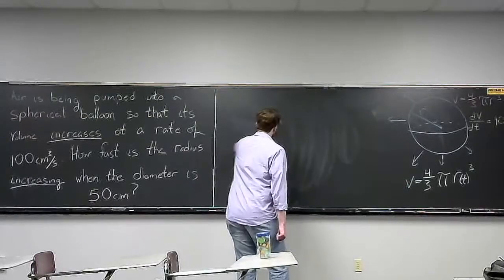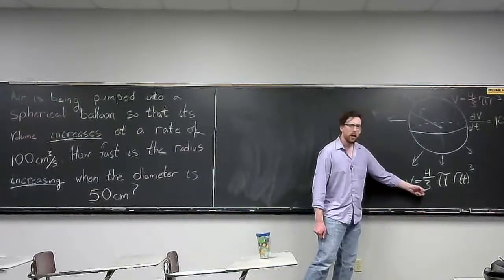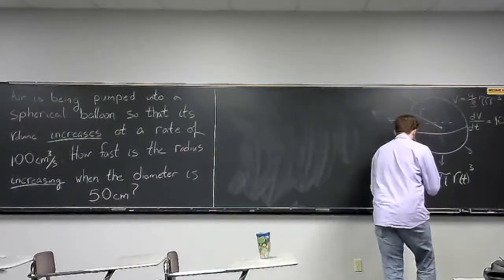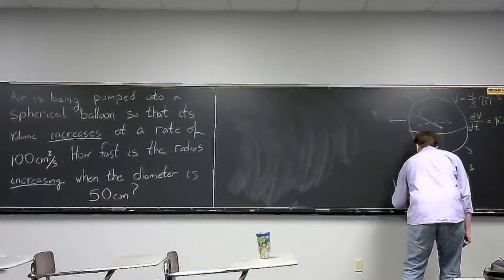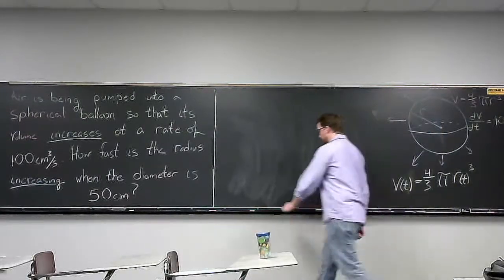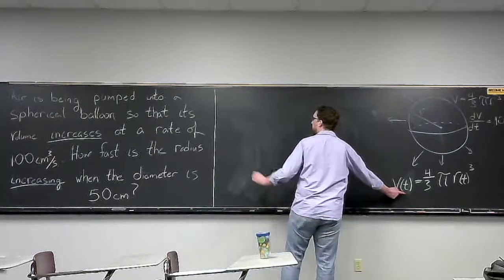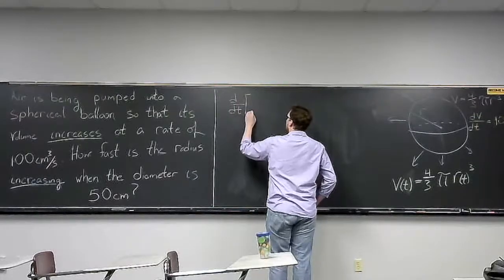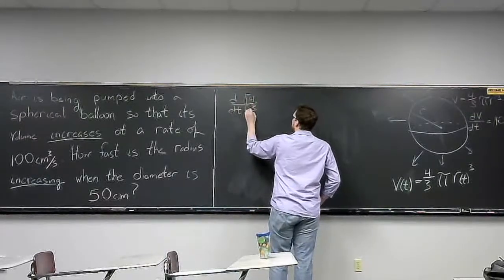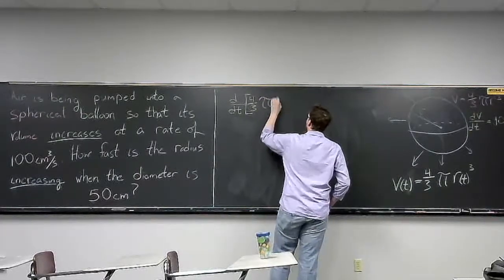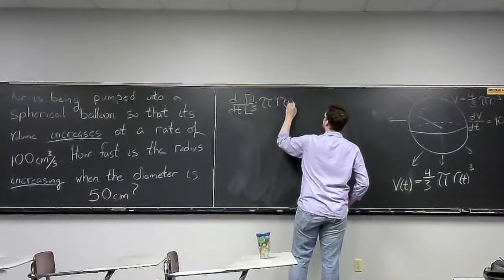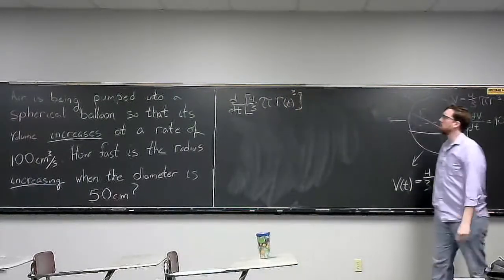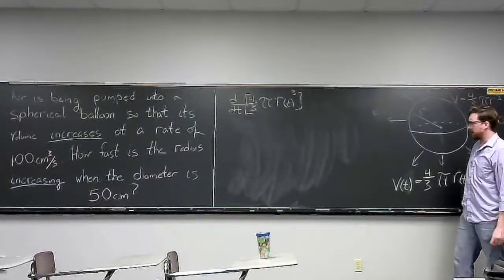Let me erase this here in the middle. This gives us a thought, because now, if we were to take the derivative of this thing, so this is volume as a function of time, let me write it like that. If we were to take the derivative with respect to time, d/dt of 4/3 times pi, radius as a function of time, cubed, well, we can pull out the constants.